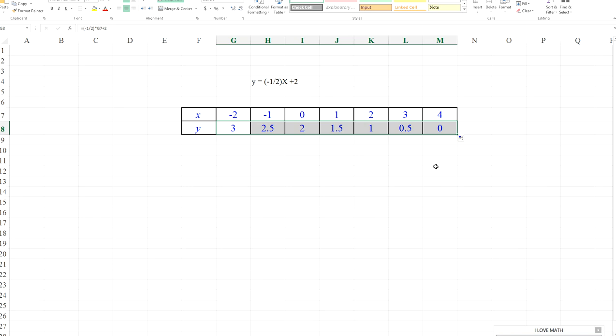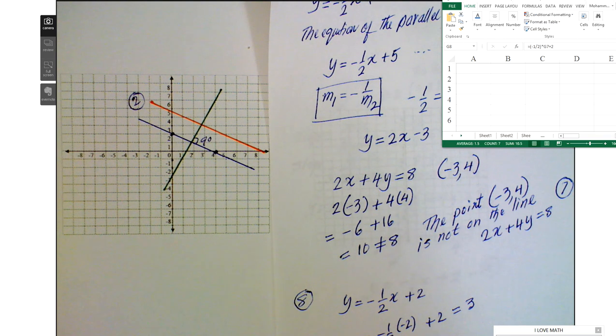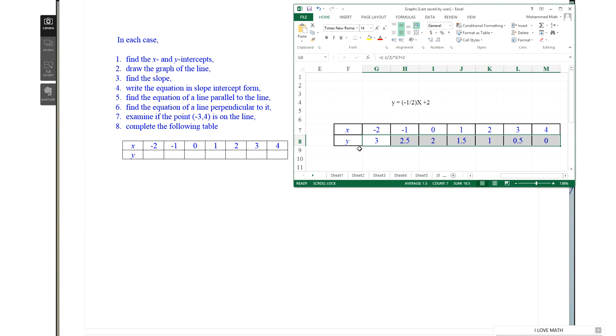So the only thing that I need to do now is to copy my results on the answer page. Okay, here's my Excel page with the answers. 3, 2.5, 2, 1.5, 1, and 0.